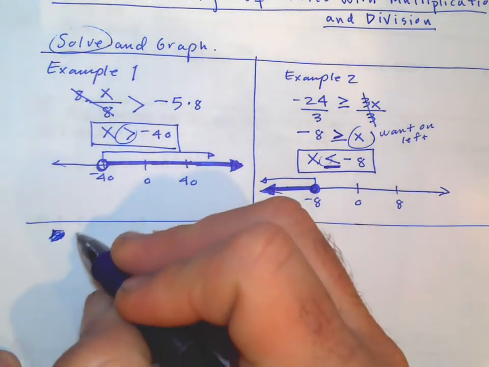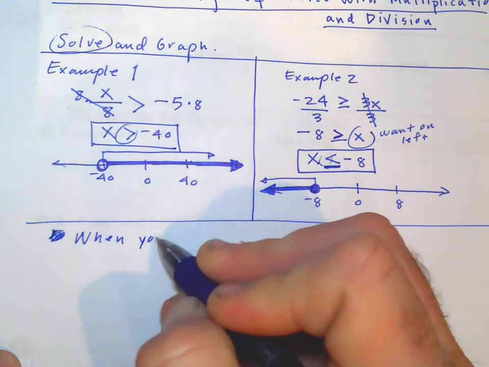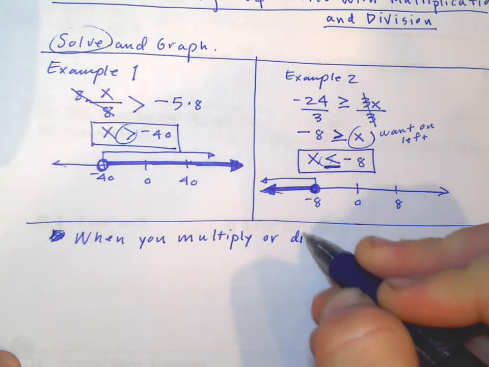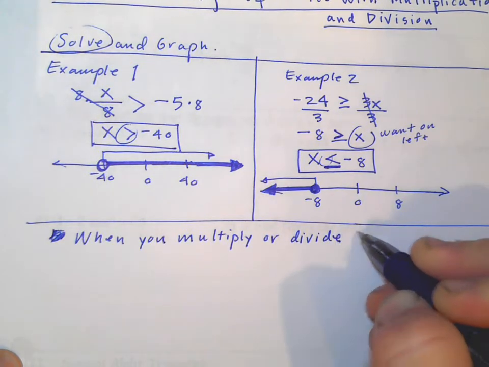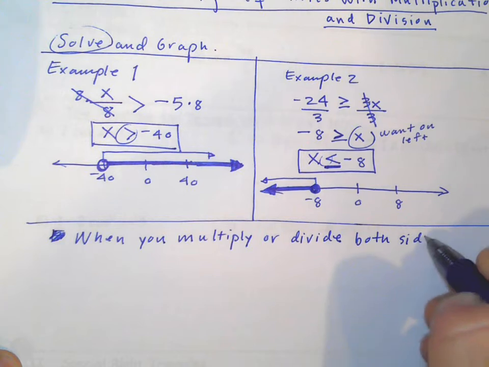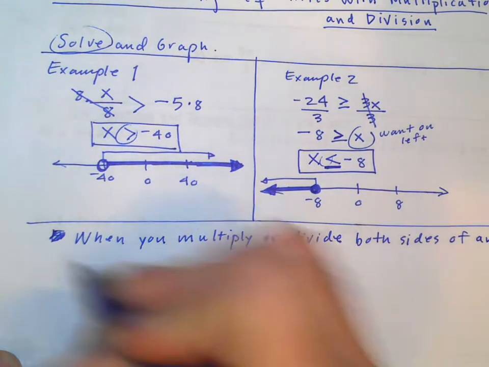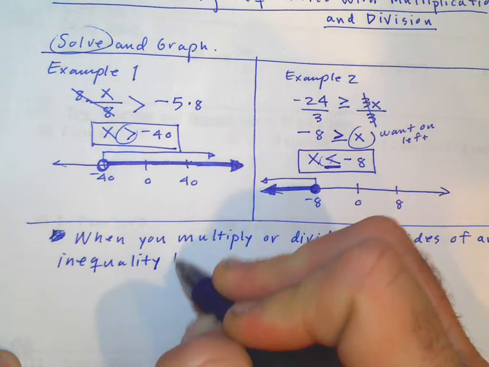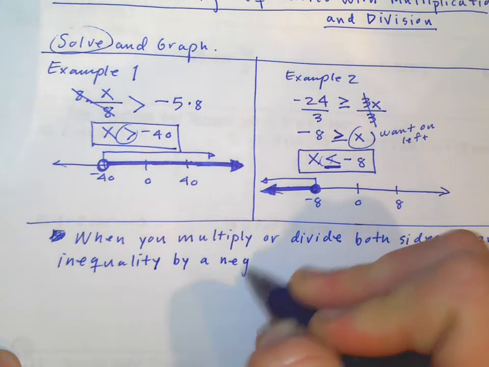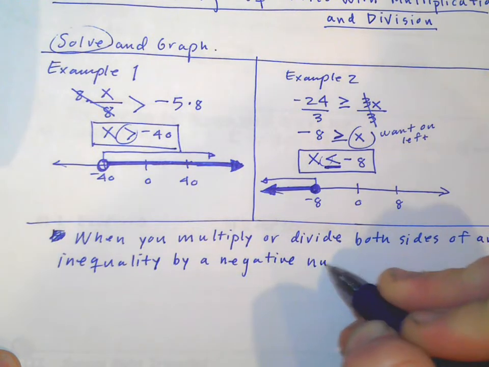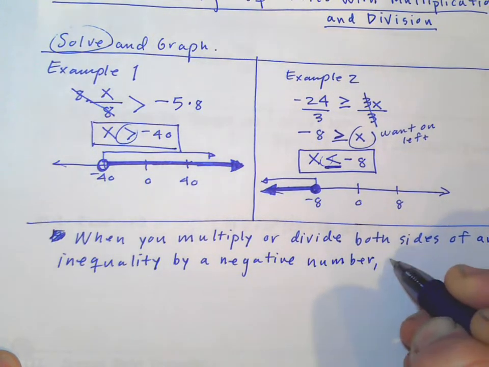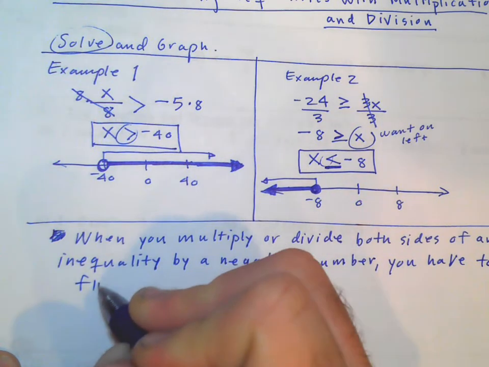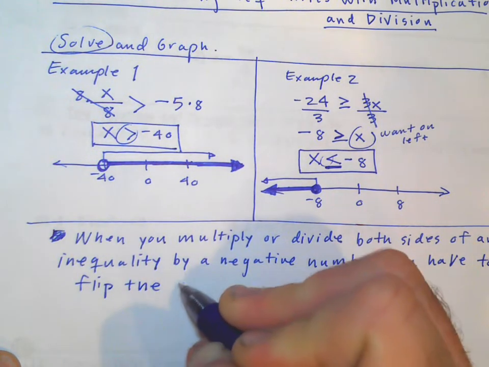So when you multiply or divide both sides of an inequality by a negative number, you have to flip the symbol, the inequality symbol.